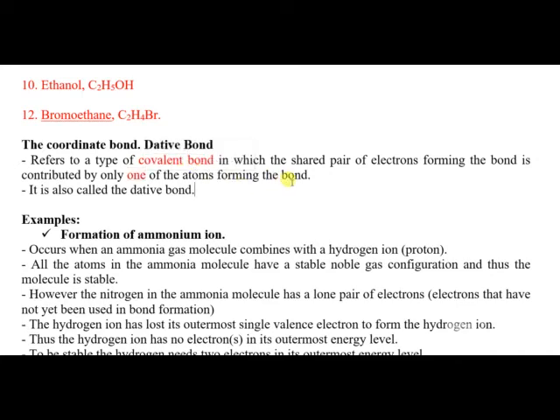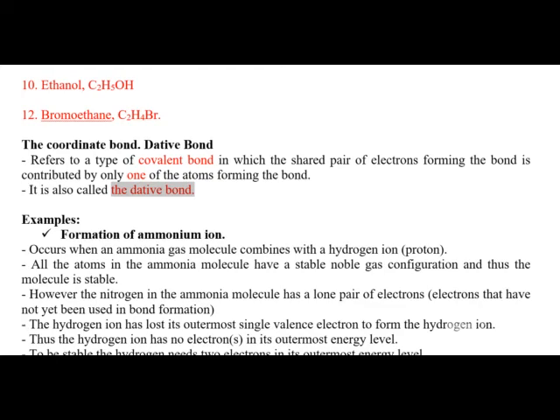Unlike in the covalent bond, where both atoms provide electrons to be shared, in dative bonding it is only one atom that will provide a pair of electrons to be shared. So when we draw this, you will see and understand very well. I know you will understand once we start drawing the dative bonding structures.